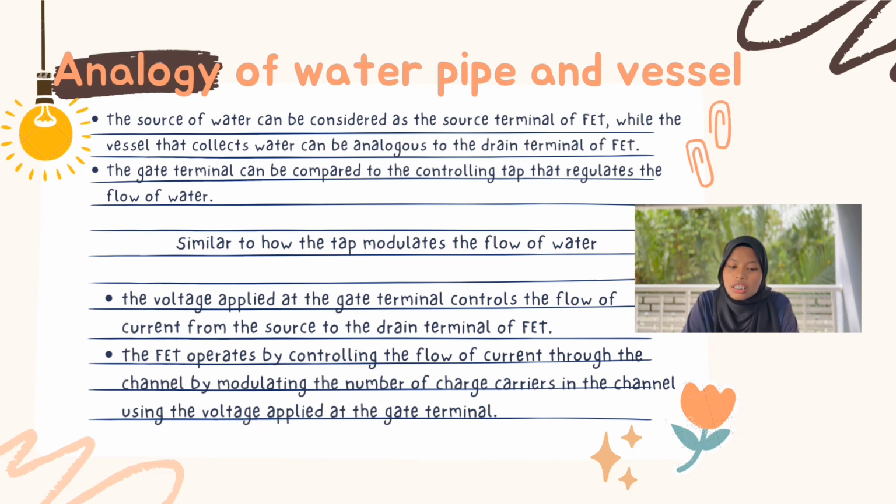Similar to how the tap modulates the flow of water, the voltage applied at the gate terminal controls the flow of current from the source to the drain terminal of FET. Thus, the FET operates by controlling the flow of current through the channel by modulating the number of charge carriers in the channel using the voltage applied at the gate terminal.